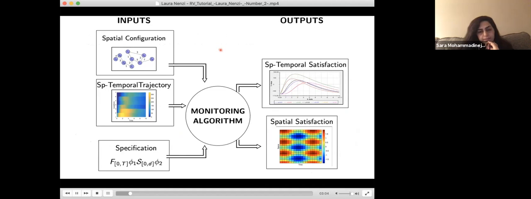So what we have in all is as input our spatial configuration, just one configuration if we have a static space, or a dynamic configuration where you have a different graph for each time unit, and a spatio-temporal trajectory. Then we have a specification, our formula, and given this, computing the monitoring algorithm, we have as a solution a spatio-temporal satisfaction or a spatial satisfaction.